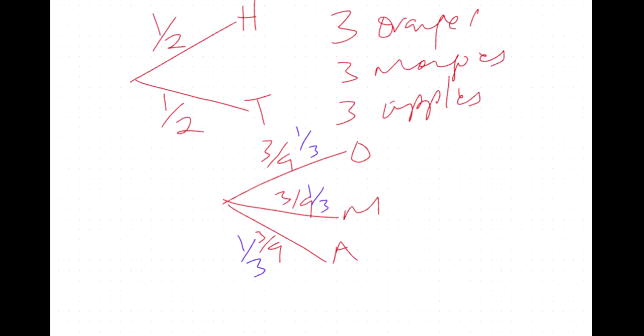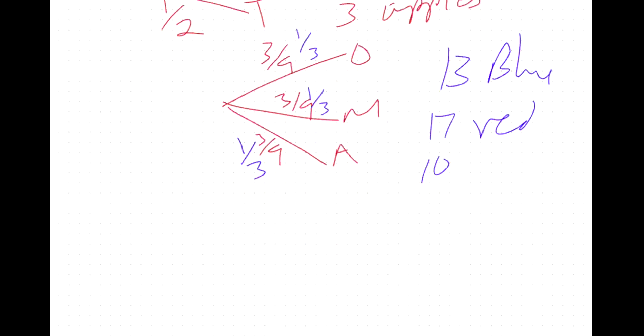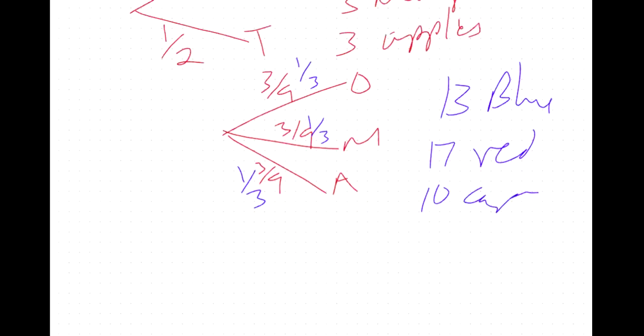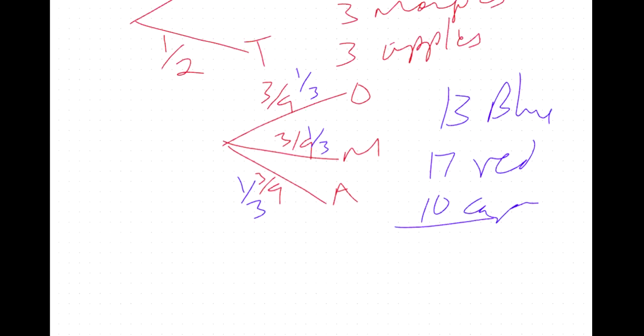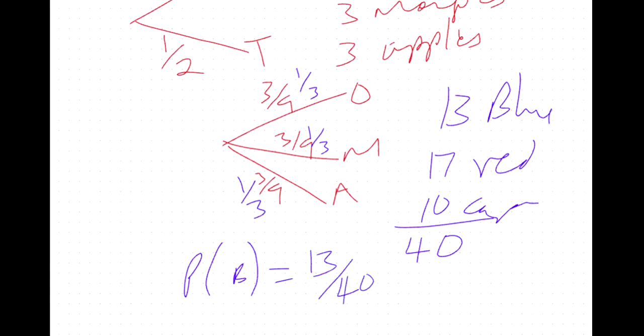But when you have several types and they are not equal, just like we did the example for the fish, we had 13 blue, 17 red, and maybe 10 of the other types. You add them up, and then the probability of getting a blue will be the 13 out of the total possible outcomes.